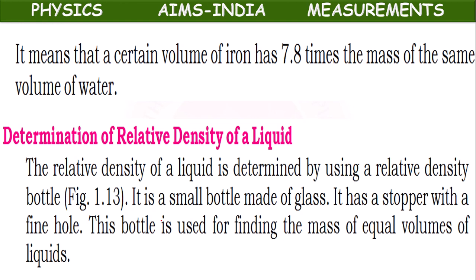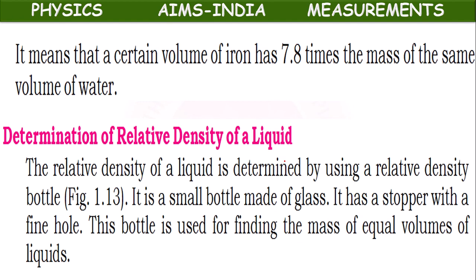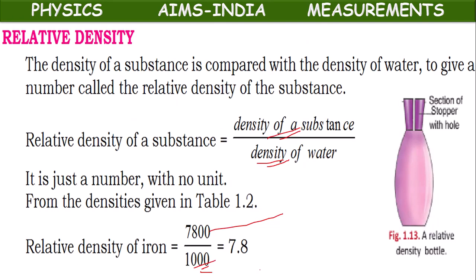So what does it mean actually? Relative density 7.8 means what does it mean? In the numerator part, what we are having? Density of substance we are having. In the denominator part, density of water we are having. So now relative density 7.8 means what is the meaning?